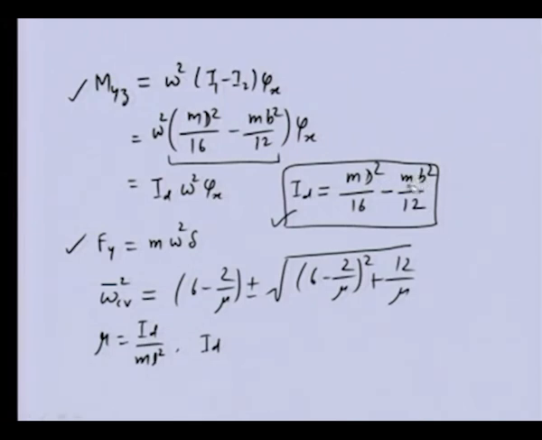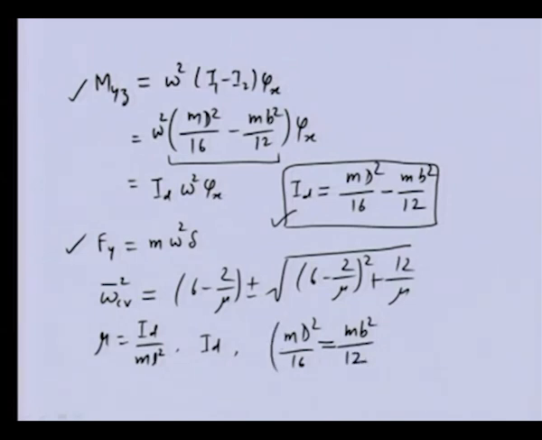Now, we can see that in this particular case, this gyroscopic moment can become 0 if we have some condition, like if we have d square by 16 equal to b square by 12.